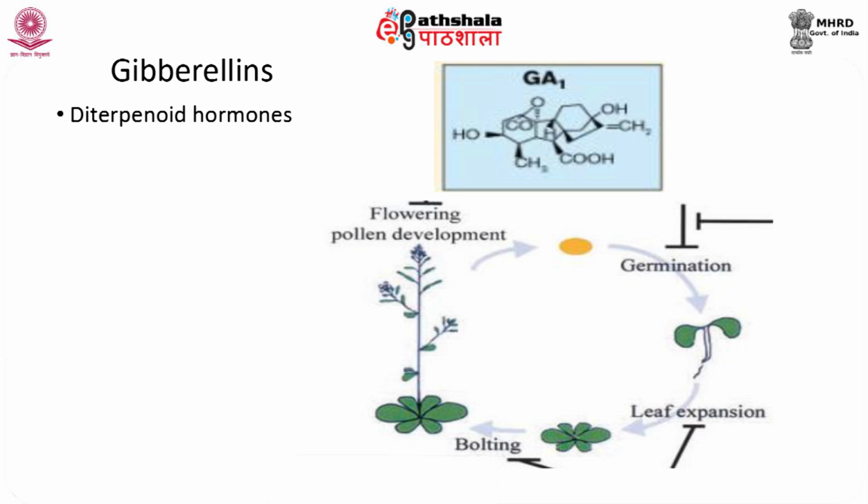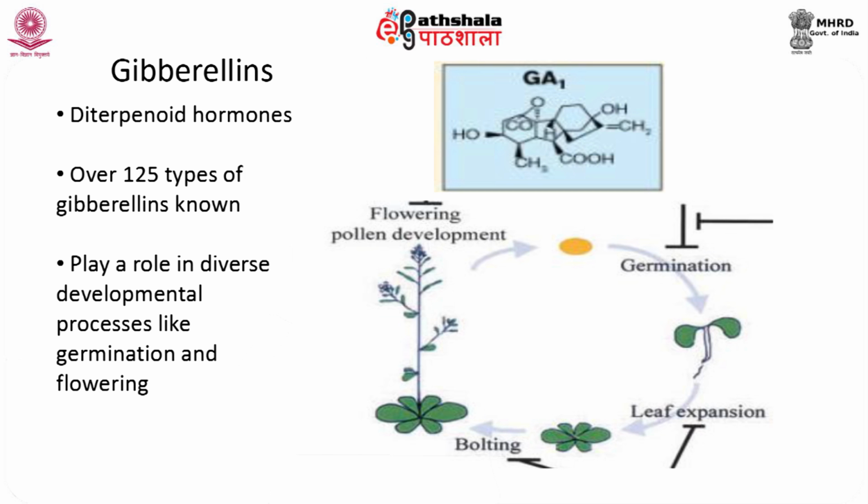In the 50s, gibberellins were shown to be synthesized by almost all plants, and over 125 structural forms of gibberellins are known today. These hormones play an important role in plant growth, especially during developmental phases like germination or flowering.